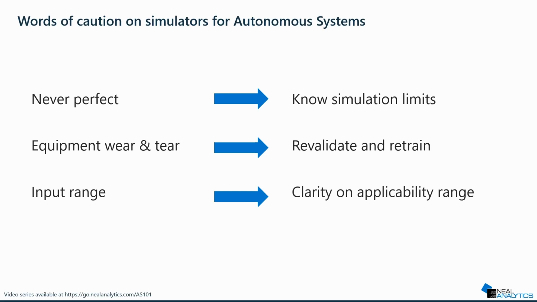Finally, and this could be the trickiest part, you need to ensure that the simulator input range will mimic the real system input range. You need to ensure that the range for which your simulator functions is the same or is larger than the range that you will see in real life.